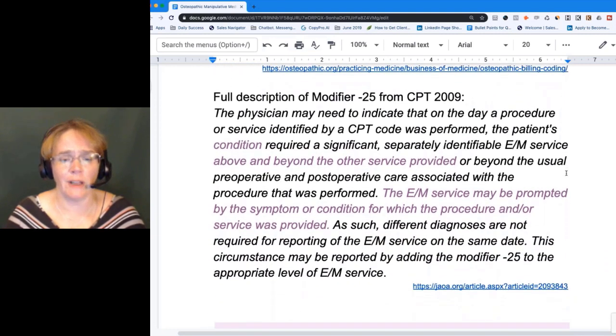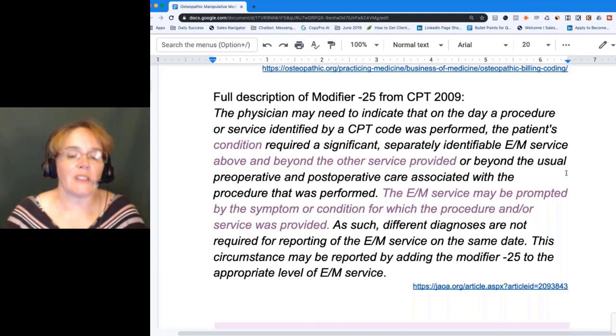Actually this came off of another website that I have. This was a journal article, and they said in the CPT 2009 version, it gave this specific definition for a modifier 25: that the physician may need to indicate that on the day a procedure or service identified was performed, the patient's condition required a significant, separately identifiable E&M above and beyond that other service, above and beyond the usual pre- or post-operative care associated.